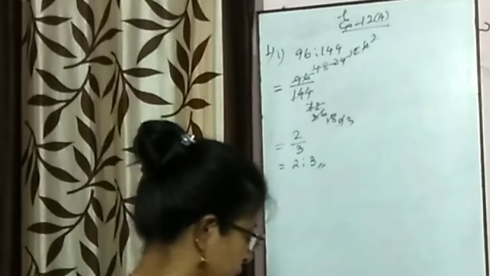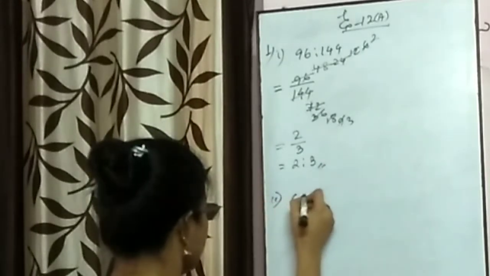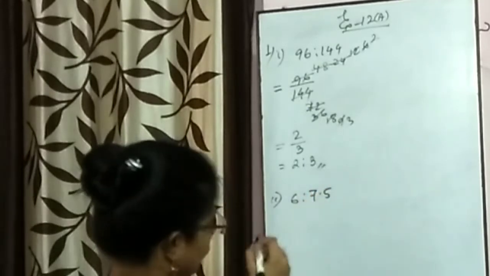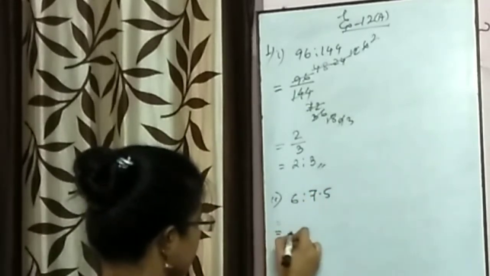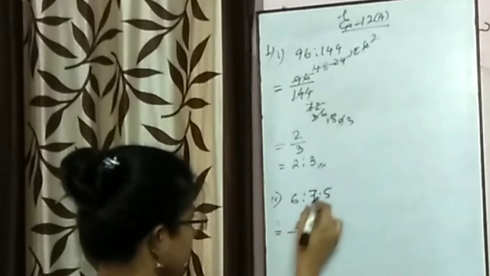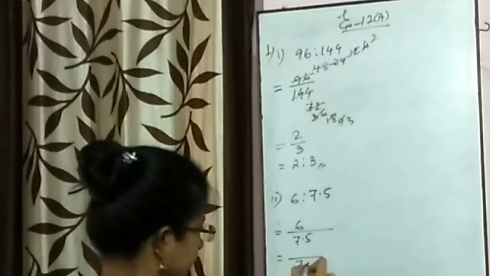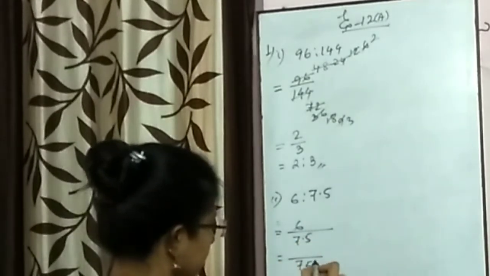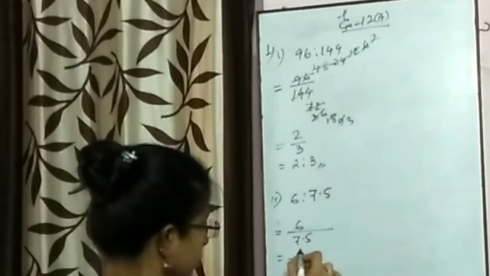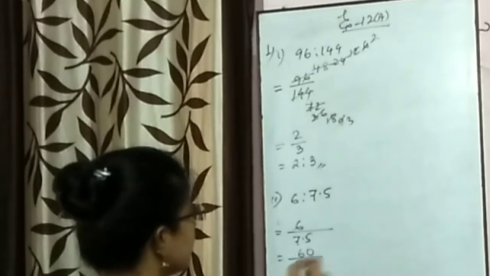Like two numbers 6 is to 7.5. The first most thing is you need to remove this decimal. When you remove this decimal, we need to multiply it by 10. So here also to be multiplied by 10. Finally we have 60 by 75.